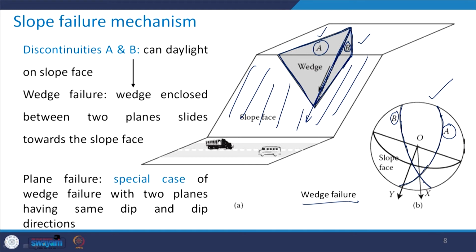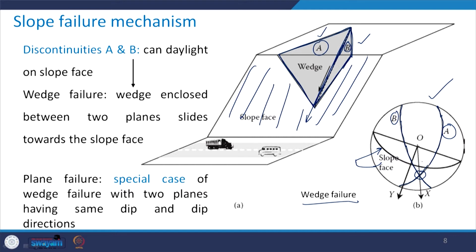And this great circle, which is shown by the little thicker curve, that is for the slope face. So, you see both of these planes are intersecting at this particular point.